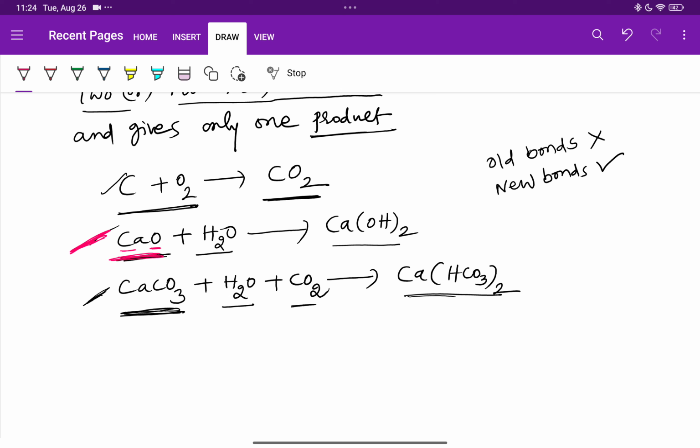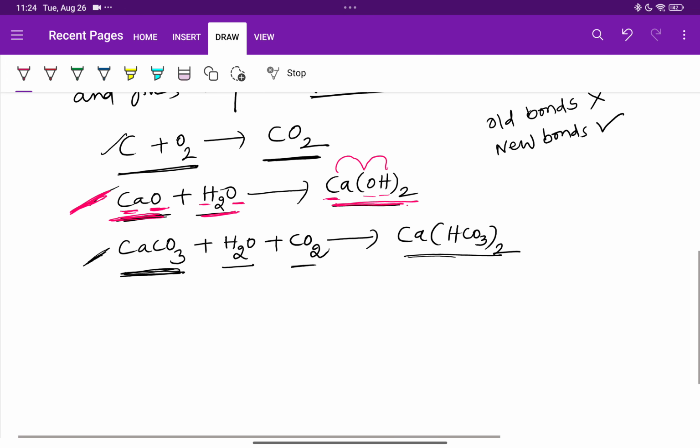When it reacts with water, the chemical bonds between calcium and oxygen will be broken. Then you are going to get calcium hydroxide. In the calcium hydroxide, between the calcium, oxygen and hydrogen, new chemical bonds are forming. So this is the meaning of chemical reaction.